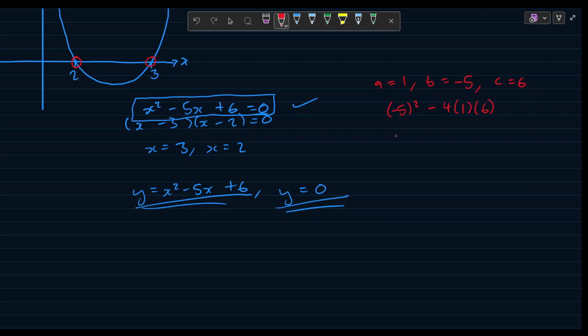So 5 squared is 25, minus 4 times 6, that's 24, and you get 1. 1 is in fact greater than 0, so our b squared minus 4ac is in fact greater than 0, hence two real roots, or two distinct roots. That's why we get two different roots.